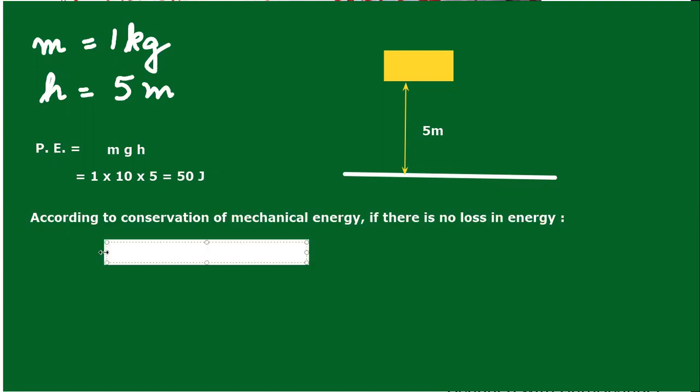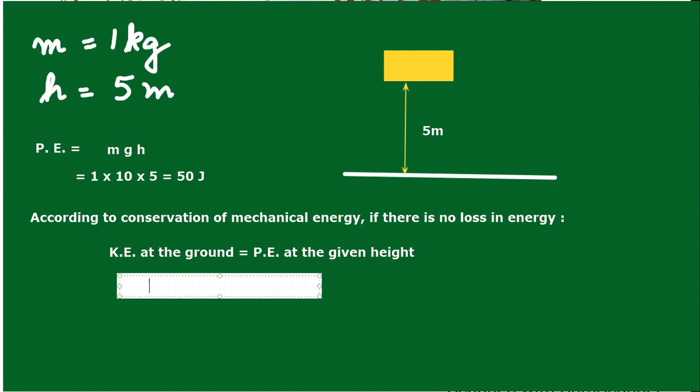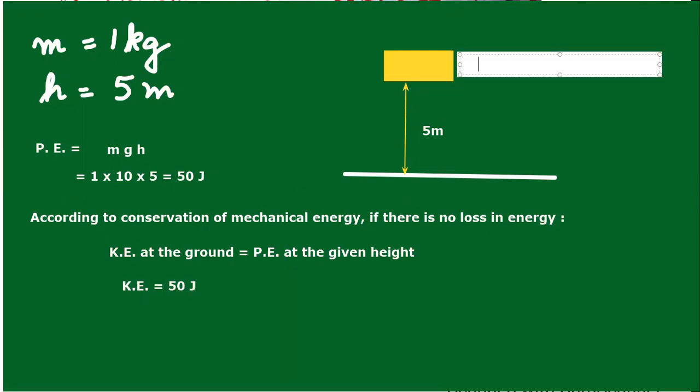The whole kinetic energy at the ground is equal to the potential energy at the given height. So here, what will be the value of kinetic energy? Kinetic energy will be equal to 50 joules, because at the height, your potential energy was coming to be 50 joules.